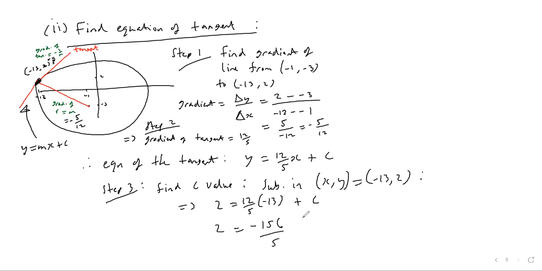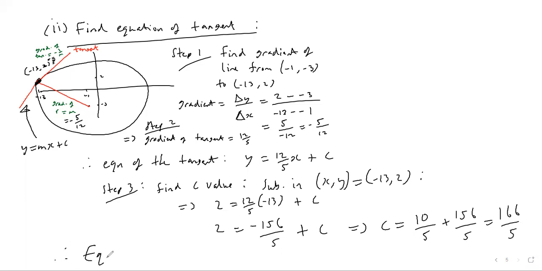I'll check that on my calculator: 12 times 13, yes, minus 156/5 plus c. So add the 156/5 to both sides. We get c is equal to 2, which is the same as 10/5, plus 156/5, which is 166/5. Brilliant.